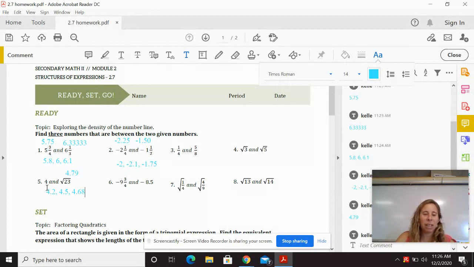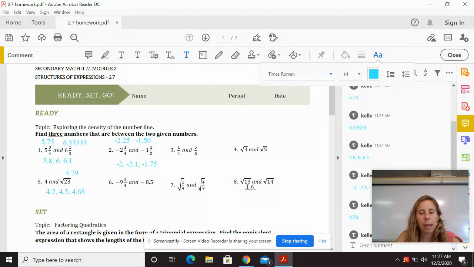Once again, as long as it's larger than 4 but less than 4.79, you're good. So I'm cool with you looking up on Google like I did, or using a calculator, because these are not perfect squares.